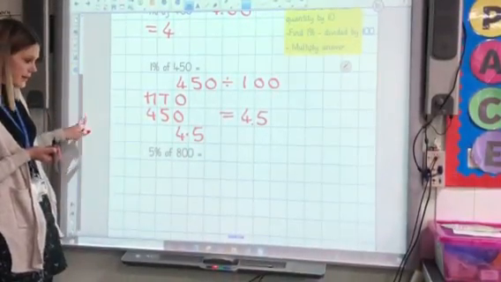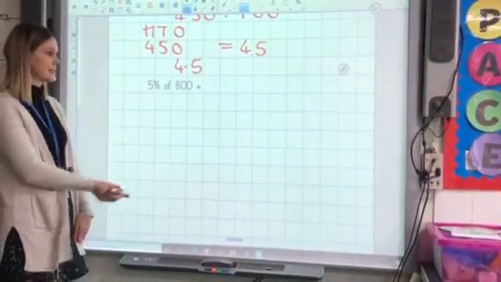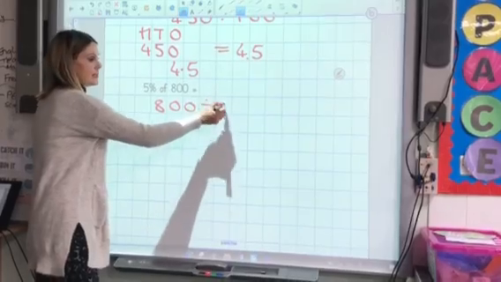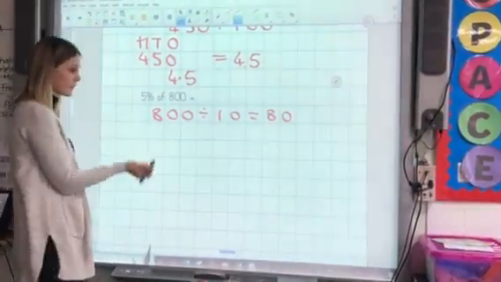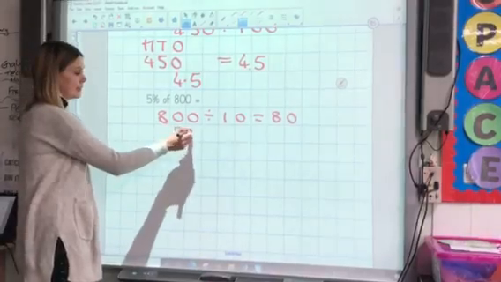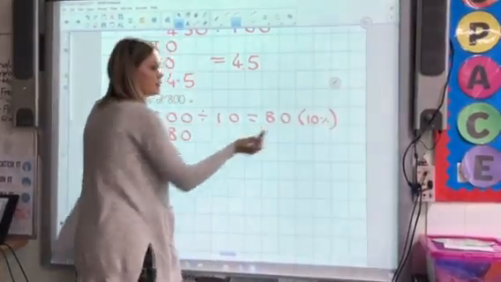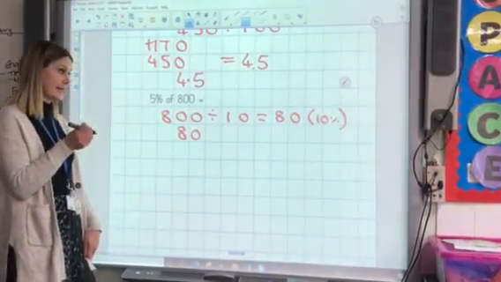If you're finding 5%, okay, again, you go back to finding 10%. So you do 800 divided by 10 equals 80. You then take the 80 because this is worth 10%. Now, a lot of people get confused with 50% and 5%, okay?